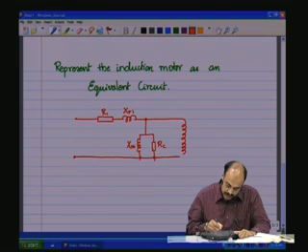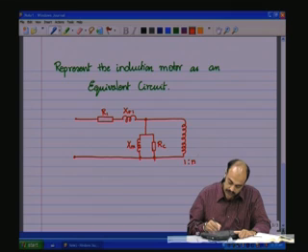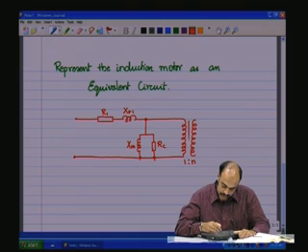Now this is followed by an ideal transformer which has a ratio 1:n with dot polarities.